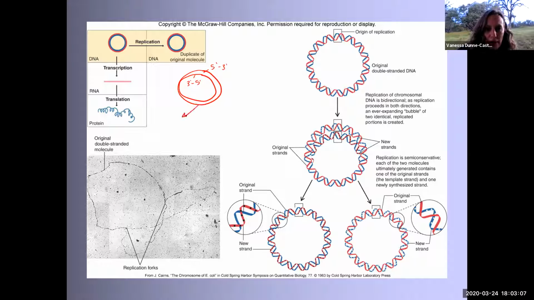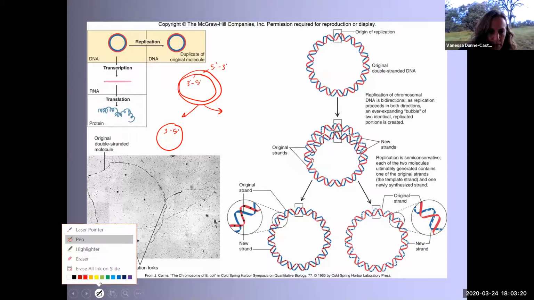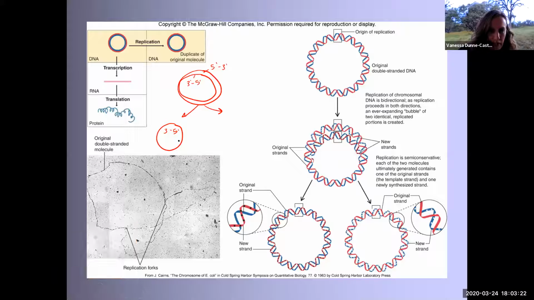So during a replication event, that 5' strand will be a template, and a newly replicated strand will be made complementary to that original strand, and this will be in the opposite orientation, 5 to 3.